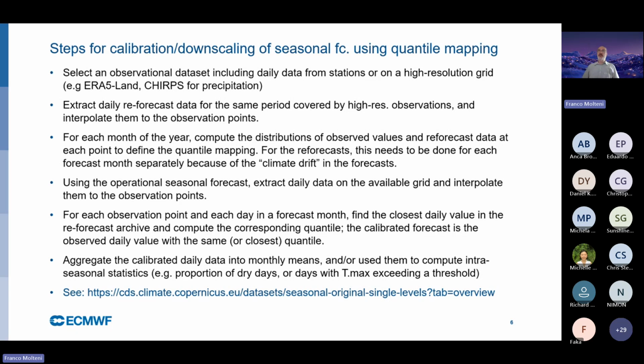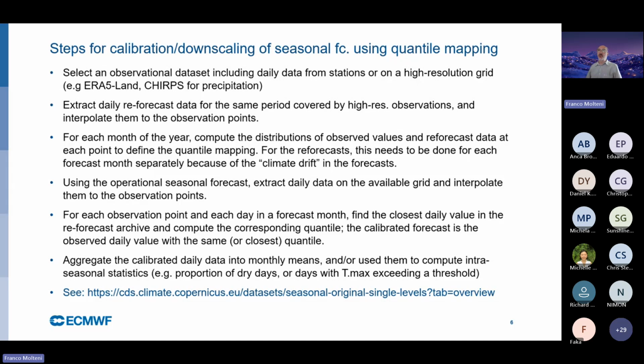So these are the steps that we have followed. First of all, you have to select an observational data set which includes daily data, either from stations or on a high resolution grid. For example, for soil temperature, you could use ERA-LAND.